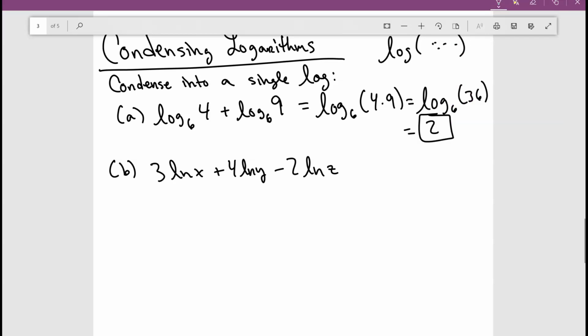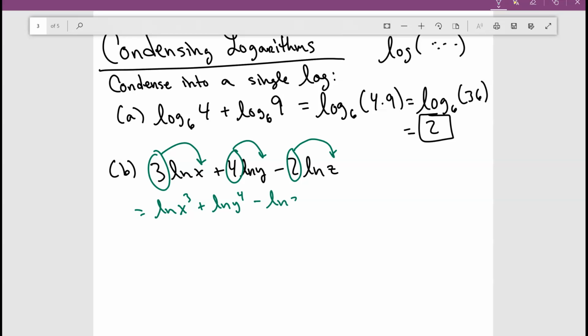I have this 3, this 4, and this 2. Let's not worry about the minus yet. Let's bring them to the front because that's the opposite of it. So this is going to be ln of x cubed plus ln of y to the 4th minus ln of z squared.